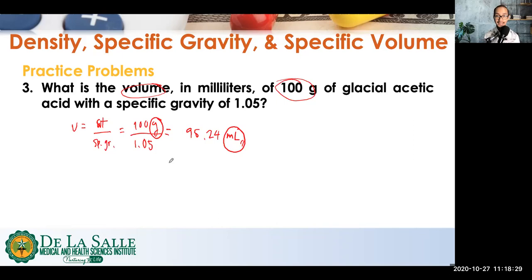Plus these modules 4, 5, and 6. So density, specific gravity, and specific volume, plus methods of expressing concentration. We will be focusing more on percent strength and ratio strength.